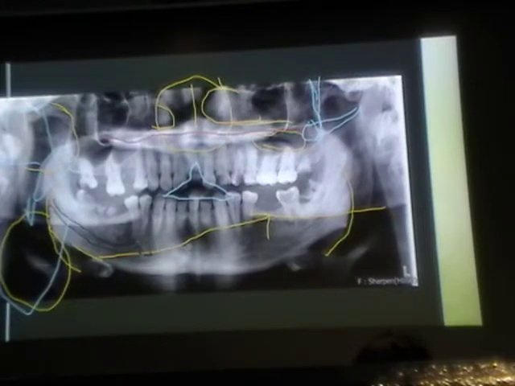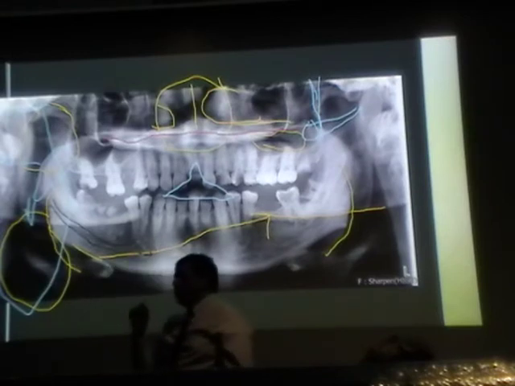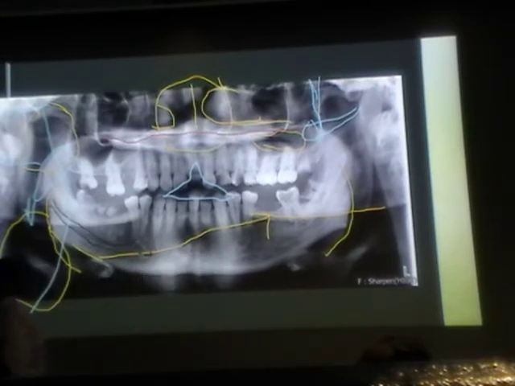Stylohyoid ligament calcification, okay. Versus tongue. That was your question, right? How do you differentiate? Okay, styloid process is made up of what? It's a bone, right?